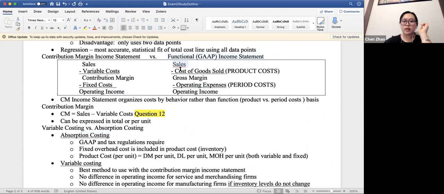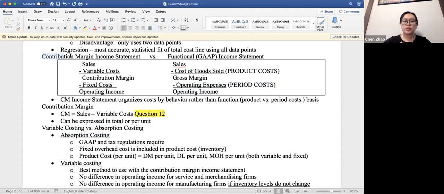You use sales minus product cost first, and then we get a gross margin, and then operating income, which is our period cost. If you remember, we did in chapter 2 to differentiate between product cost and period cost. And this period cost does not have anything to do with our production. And then we have operating income. So this is a functional, or we say traditional, absorption costing, okay?